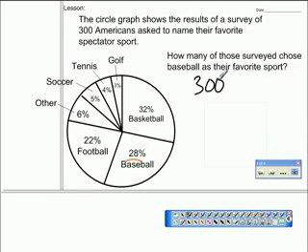How do you find a certain number of another when you know a percentage? Multiply, yeah. Times 0.28. Why 0.28? That's 28%. You're right, that's 28% as a decimal. 84. So about 84 people chose baseball as their favorite sport.